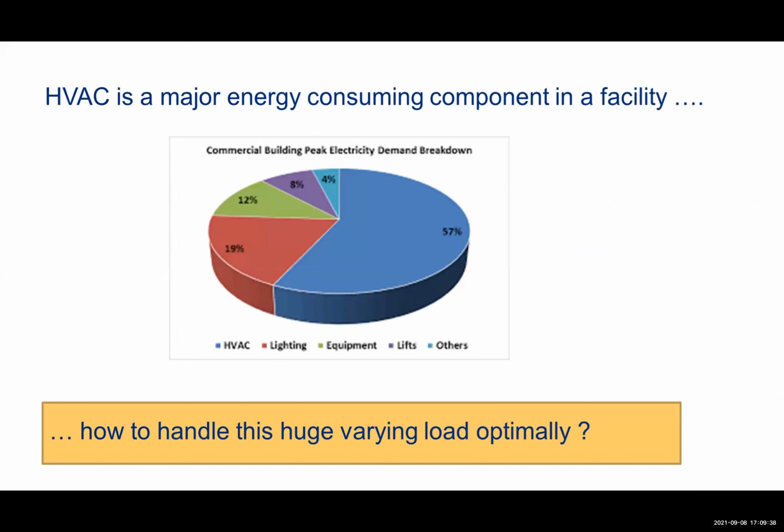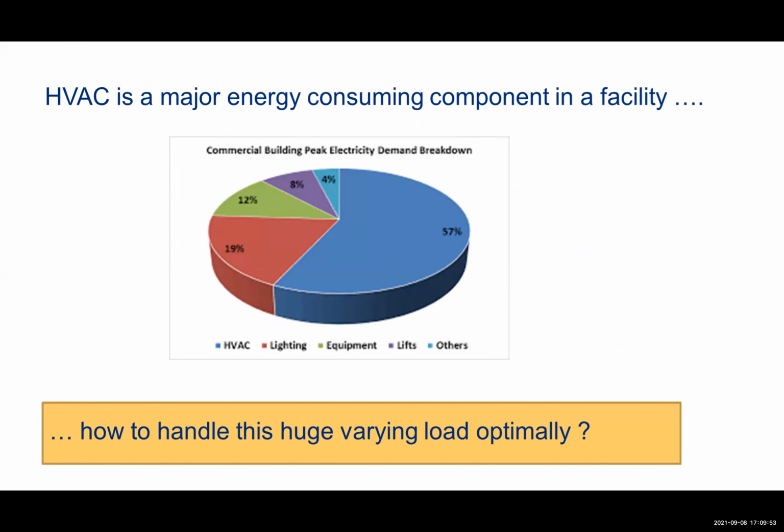Now, on this energy spread, which we all know, it varies possibly between 50 to 60%. And this is by ResearchGate, and various research organizations do carry out for commercial buildings.